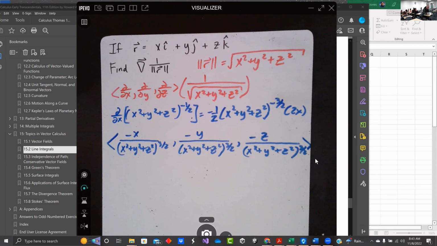This is just that cubed, but this is r. So the gradient of 1 over the magnitude of r equals negative 1 over the magnitude of r cubed times r. And I'm going to rewrite this another way: I'm going to peel off one of those norms of r and put it underneath r.